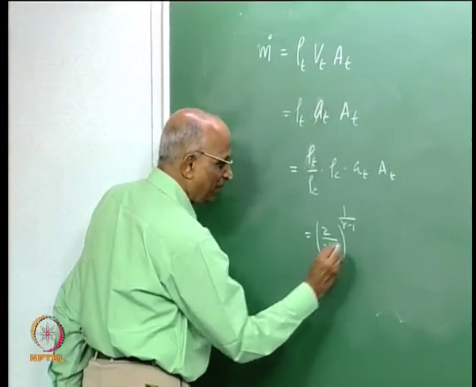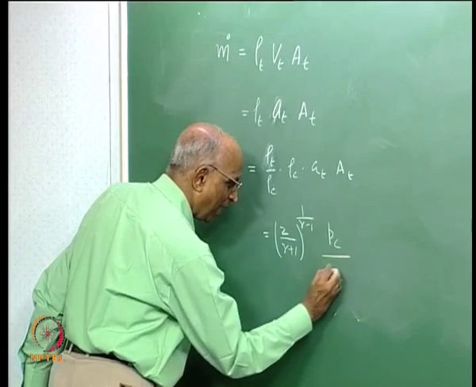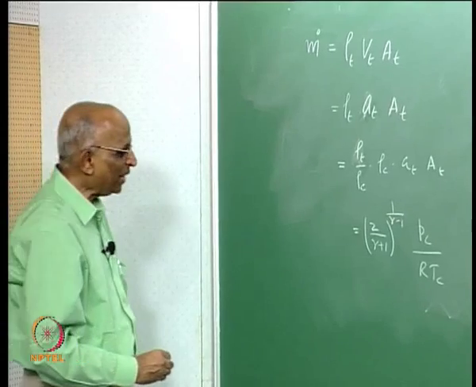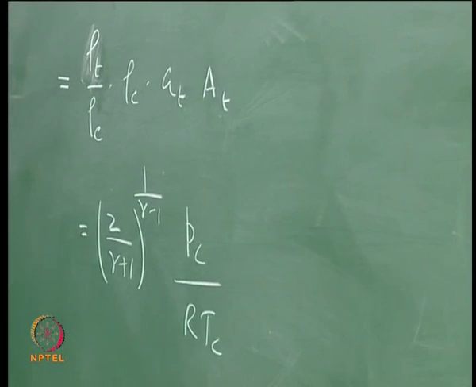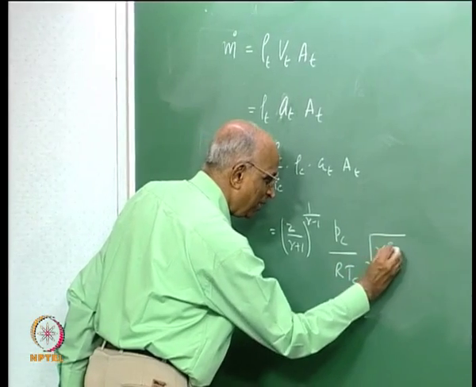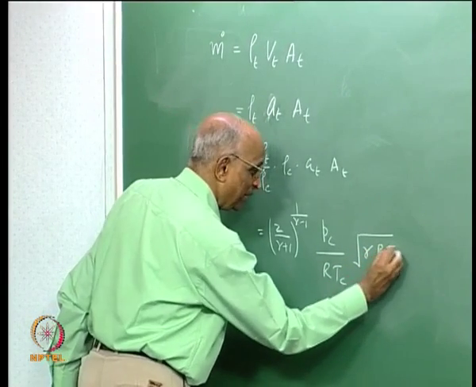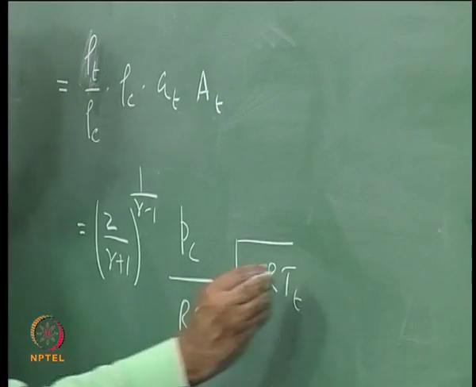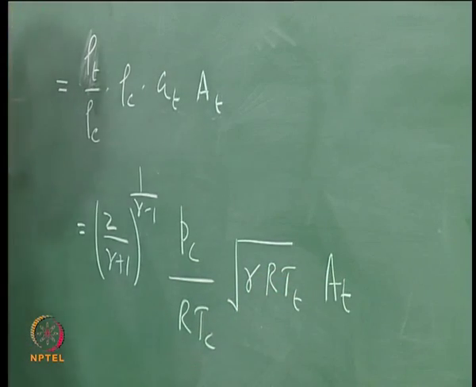Now, what is rho c? Pc by R Tc. What is at? Sound speed, under root gamma R Tt, local condition, and At over here. Therefore, what does this expression translate to?